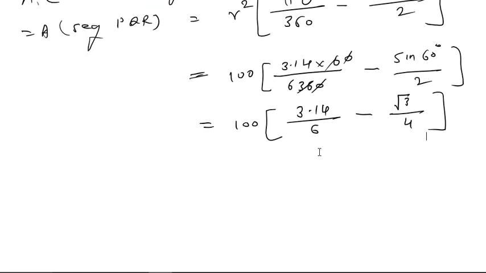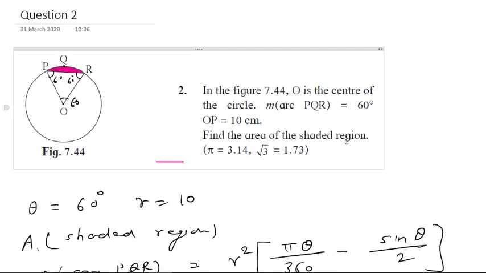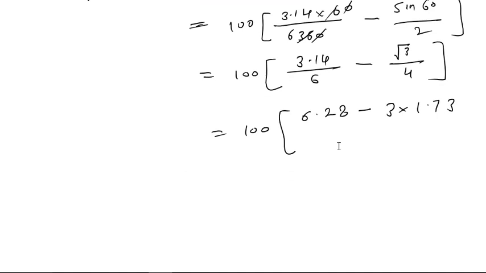So this is your 100. Now if you take the LCM of 6 and 4, 12 is the LCM. So you can write this as 6.28 minus 3 into the value of root 3, they have given 1.73, whole divided by 12. So this is 100.